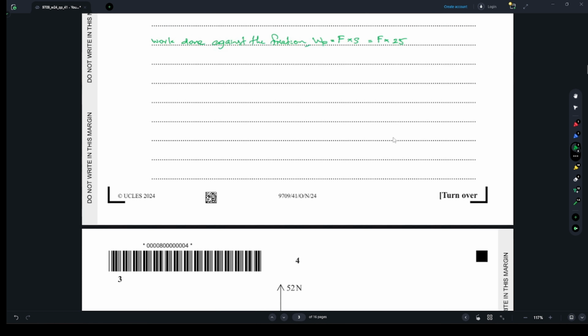Now what you have to do is consider the energy conservation. So potential energy at point A should equal the kinetic energy at point B plus the work done against the friction.